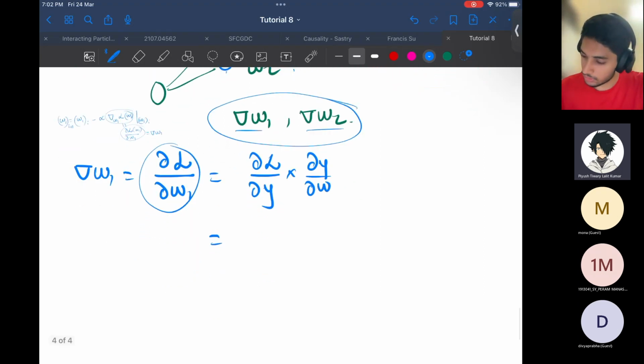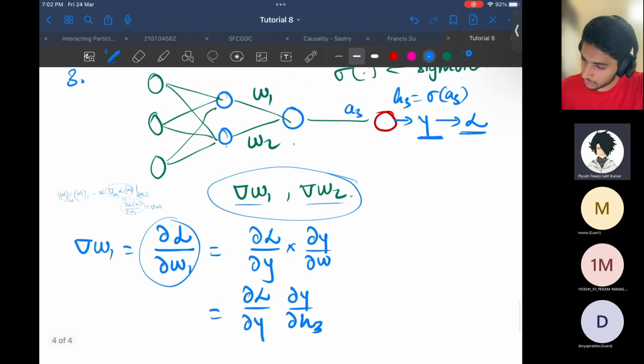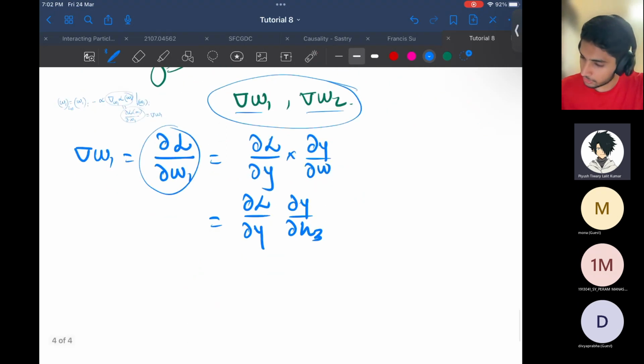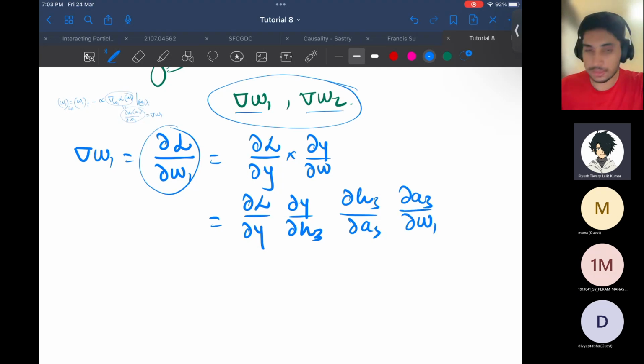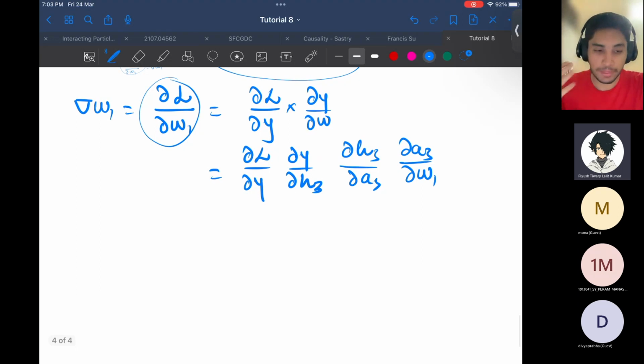Using the chain rule, this can be split as del y by del h3. Then I can use the gradient of h3 with respect to a3, because they are directly related using this equation, so del h3 by del a3. And lastly, del a3 by del W1. This is easier. I am just applying the chain rule.